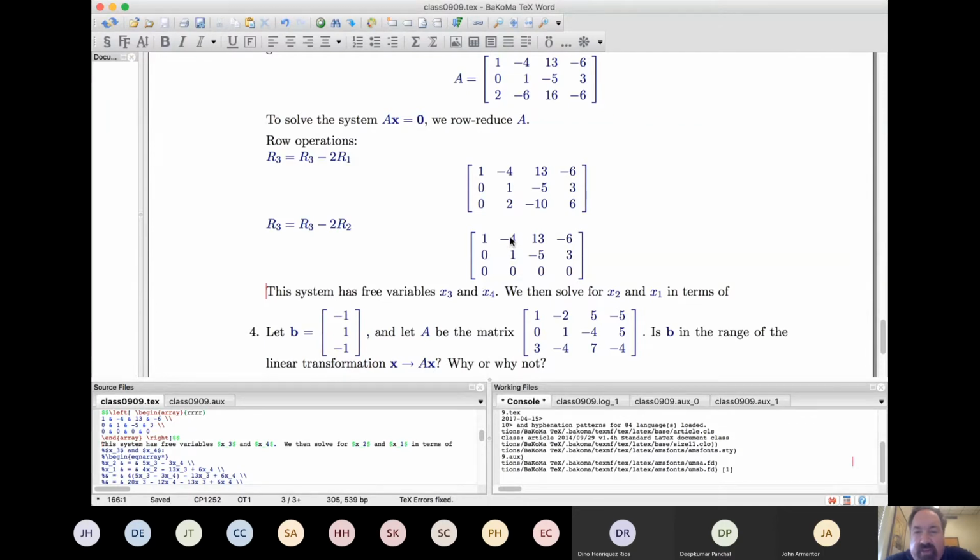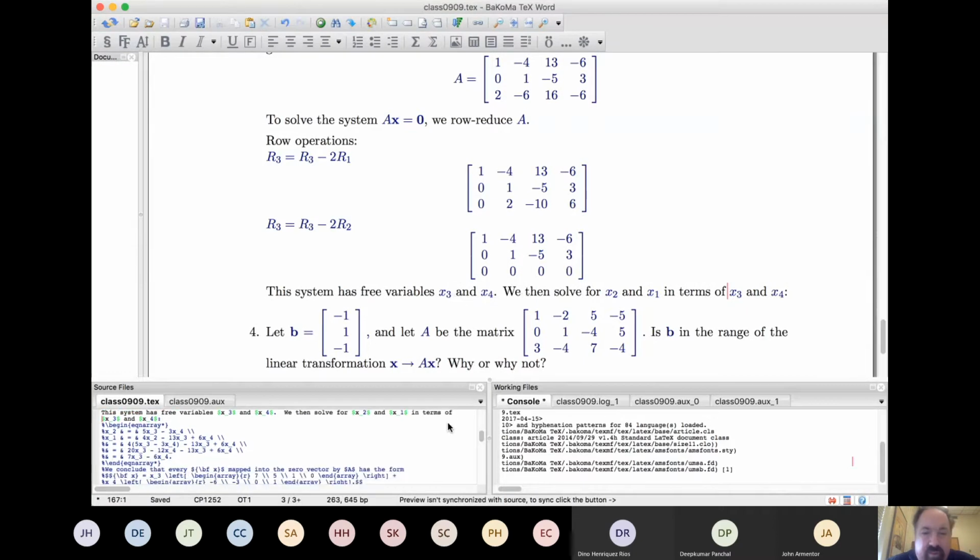So we have infinitely many solutions to this system, instead of just a trivial solution. We could pick x3 and x4 to be anything, and then solve for x1 and x2. So we're just going to leave x3 and x4 as variables, not assign values to them, and then get formulas for x1 and x2 in terms of these.